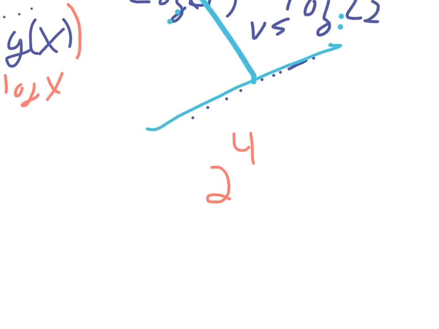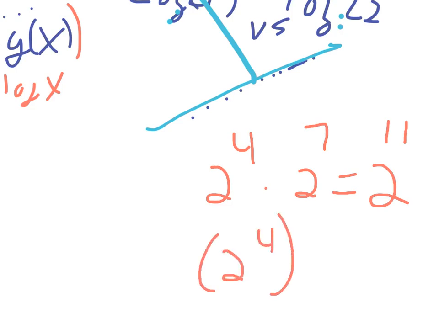2 to the 4th times 2 to the 7th is what? Come on, what's the rule when you multiply like bases with exponents? You keep the base and do what? Just add the exponents. Oh, 11, right? What about 2 to the 4th, all raised to the 7th power? What's the rule? Multiply the powers. 28, that's right.